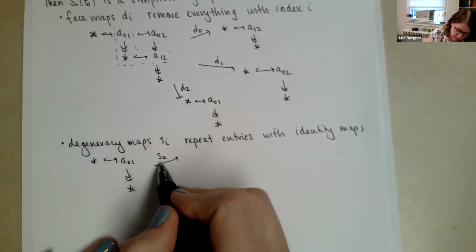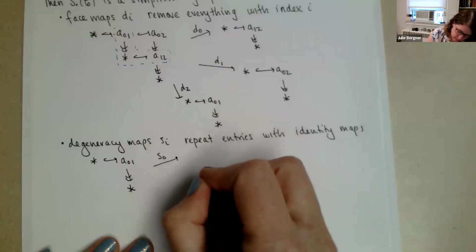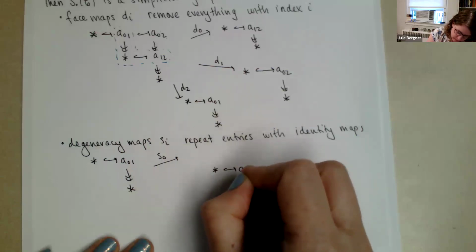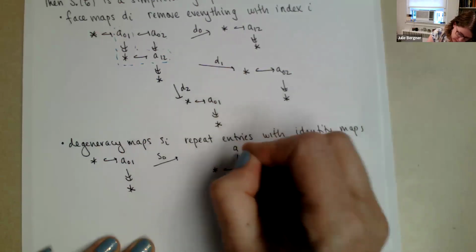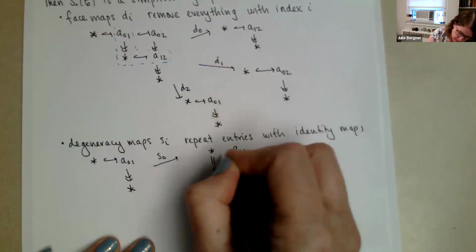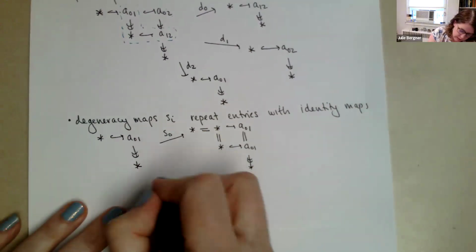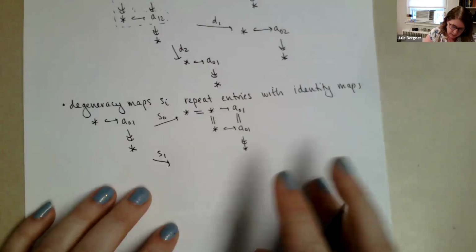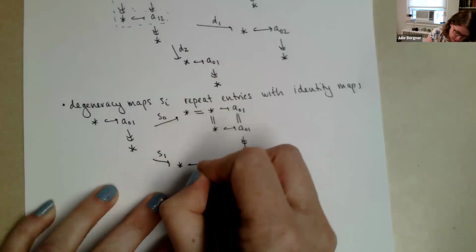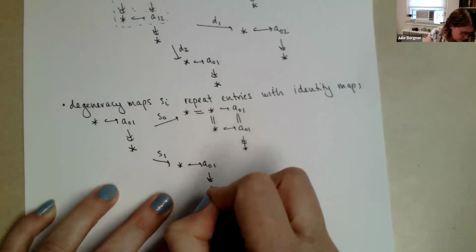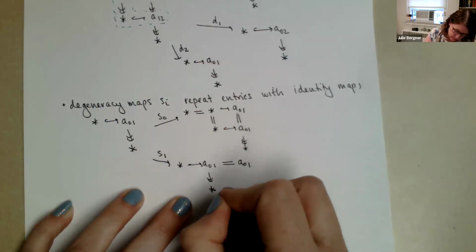So if we apply S0, then we're going to put this downstairs, and then we'll just copy everything to obtain another row here. So we get an A01, and then we just get the zero object, and we get another zero object. And then S1 would do the other possibility where you put this up here. And then just copy everything over to get this extra column here.